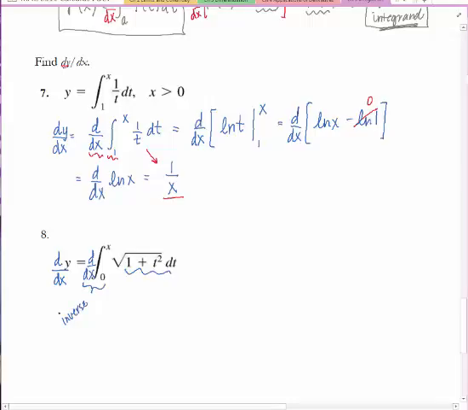It's like squaring and square rooting in the same step. Since it matches what the theorem says, that we start at a constant and end at the variable, we can just apply the theorem, which says this will just be the integrand at x, which means we replace the variable with x. So this is the square root of 1 plus x squared. The derivative of the definite integral gives us the integrand.